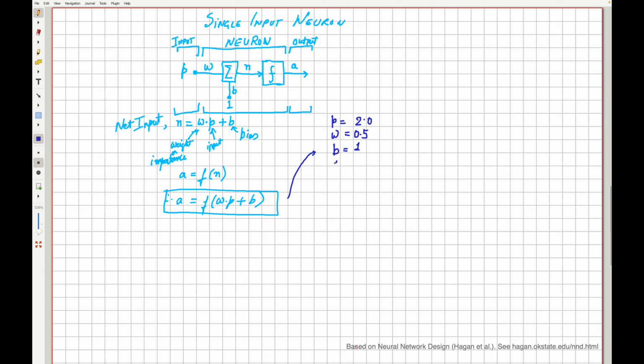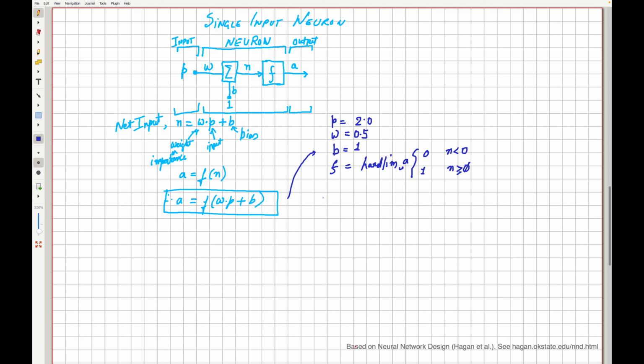And let's say that our transfer function F is a simple hard limit function, and that is from MATLAB. What I mean here is that a is equal to 0 if n is less than 0, and a is equal to 1 if n is greater than or equal to 0. So that's the function we are going to use.